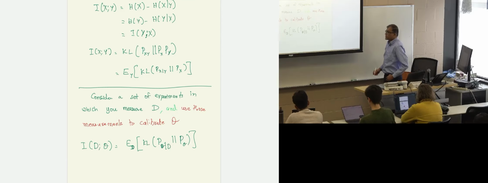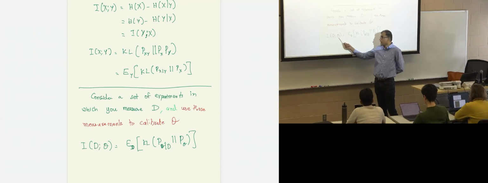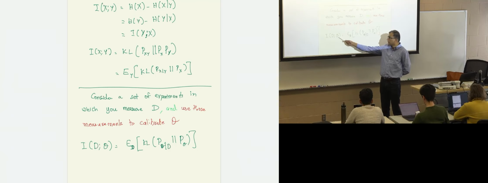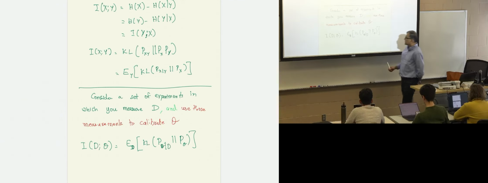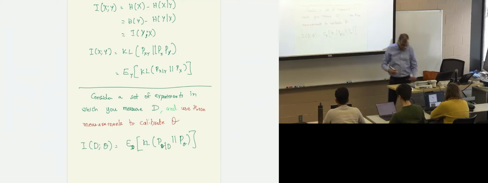So this is the mutual information between the observations and your parameters, right? You're measuring D and you want to calibrate or infer theta, right?